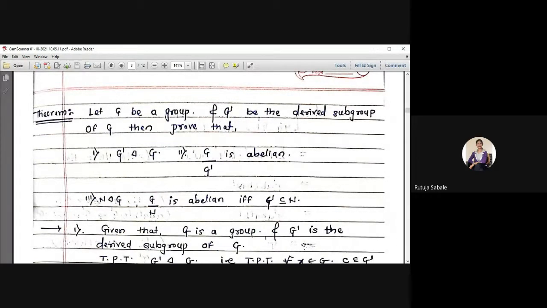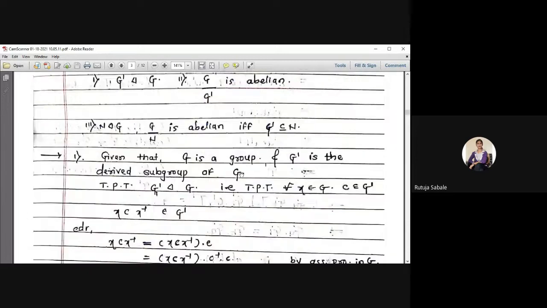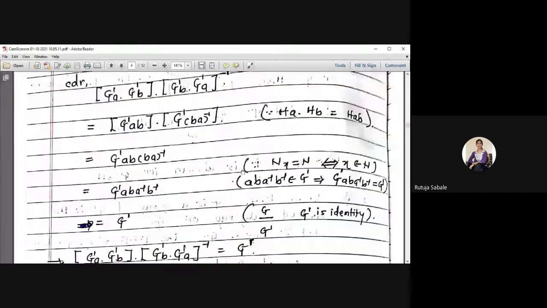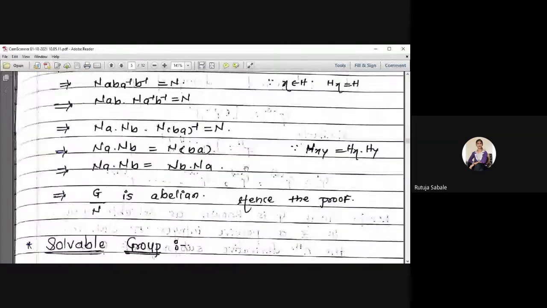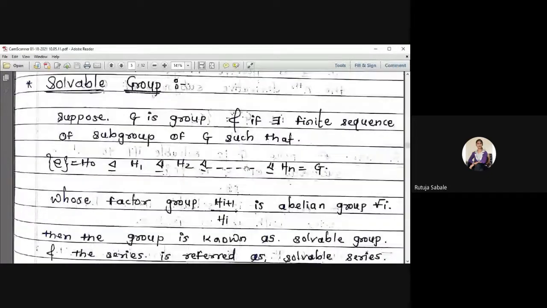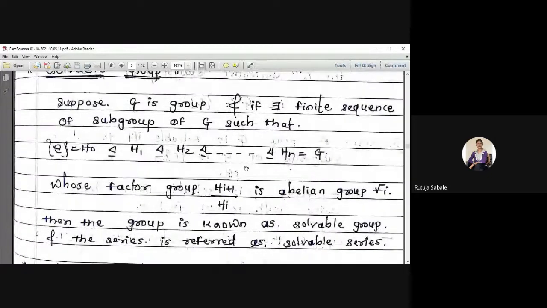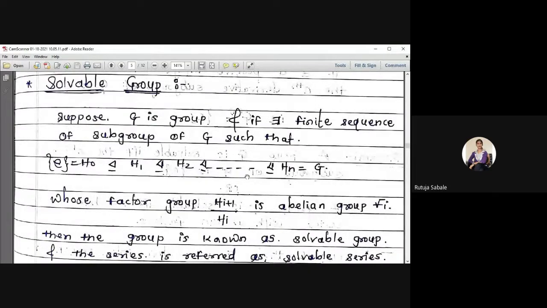Next point of our syllabus is solvable group. Definition: G is a group.